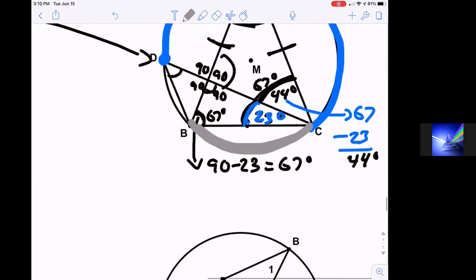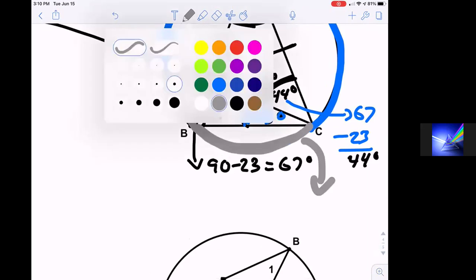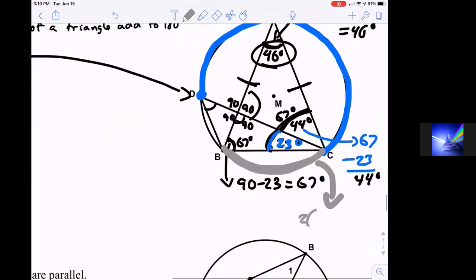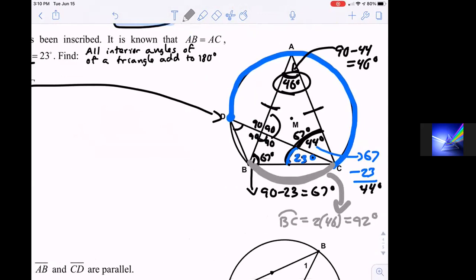So I also know that that inscribed angle is going to be half of my arc. So my arc is going to be double my inscribed angle, or 2 times 46, which is 92. So arc BC is going to be 92 degrees. So I'm just making notes all over my circle and the triangles, figuring out angles, figuring out what I can.